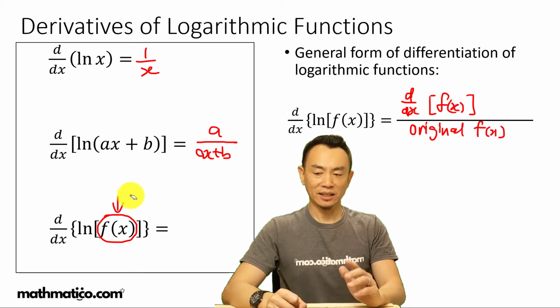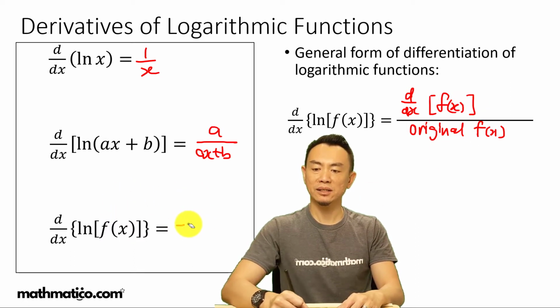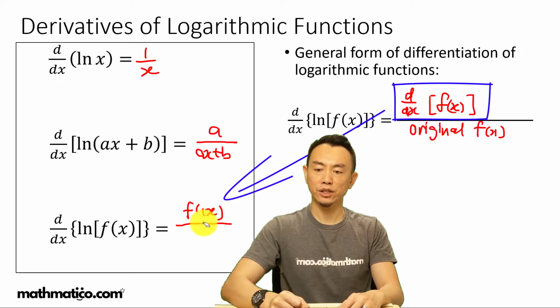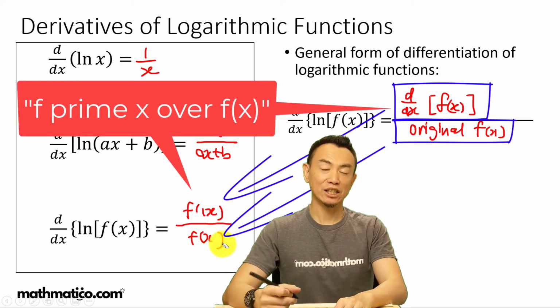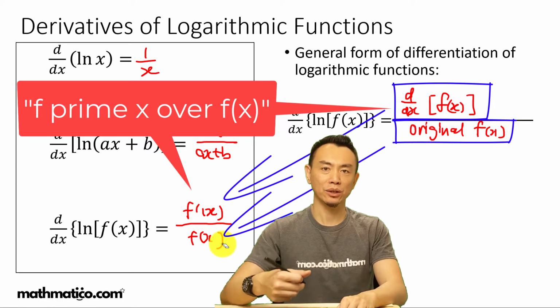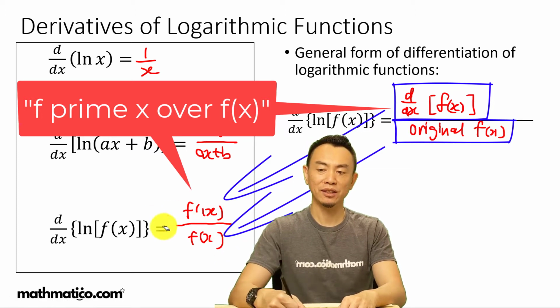In textbook terms, we call this f prime x, which is the differentiation of f(x) over the original f(x). f prime x over f(x). So this is the catchphrase that we will always use to remind ourselves what you have as a result of differentiating ln of f(x).